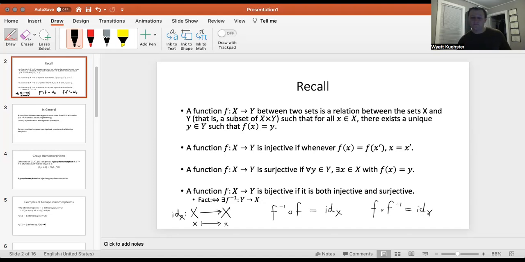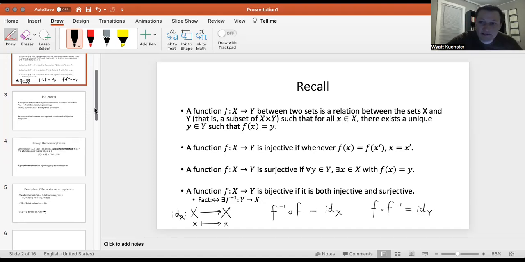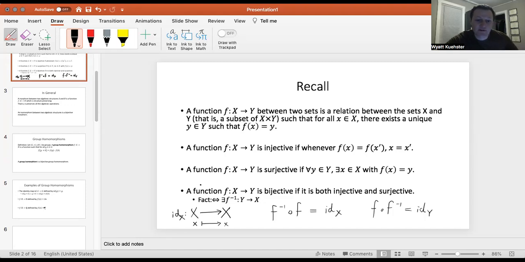Yes. Okay. So that's what we mean by an inverse of a function. I think we'll say more about it in the next video, but we have identity functions and we have this property of an inverse function, and you always have an inverse function if your function is bijective.